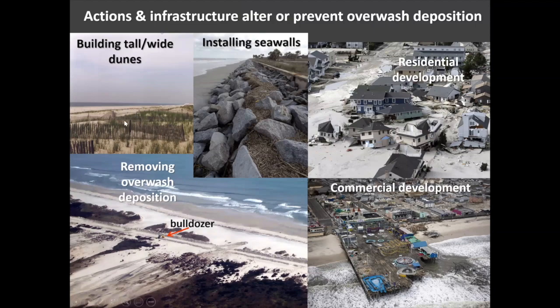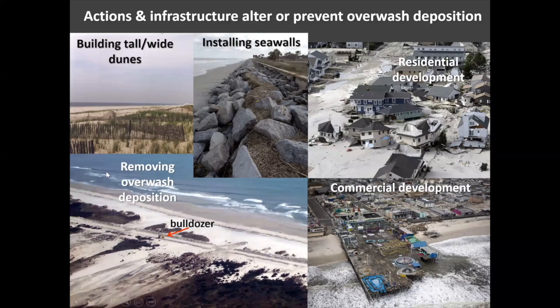But even in the case of what we might call a soft approach to coastal management, where we help that dune building process along by reconstructing dunes that are perhaps taller than they normally would occur or wider than they normally would occur, we actually prevent overwash deposition during those moderate storms that are so important in elevating island level. Also the installation of seawalls, much like the building of tall dunes in the case of that road that I showed in Buxton, also prevent the delivery of overwash.